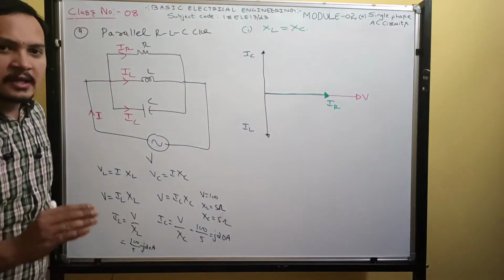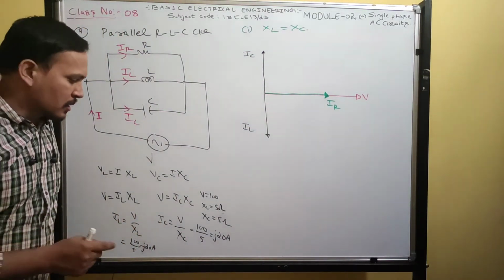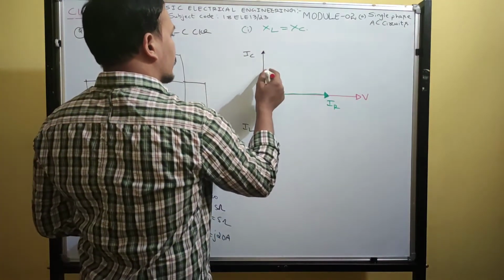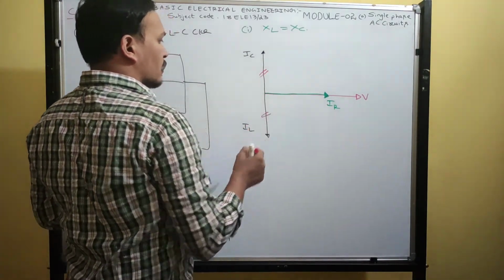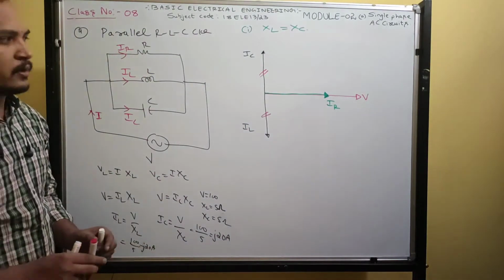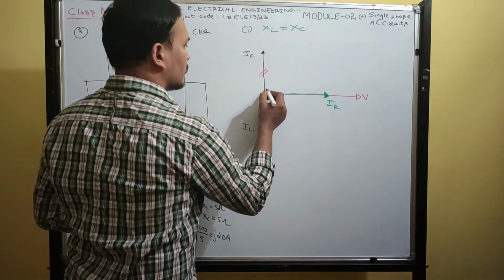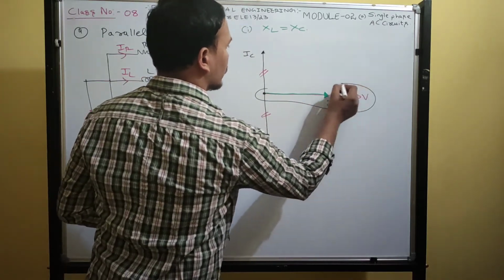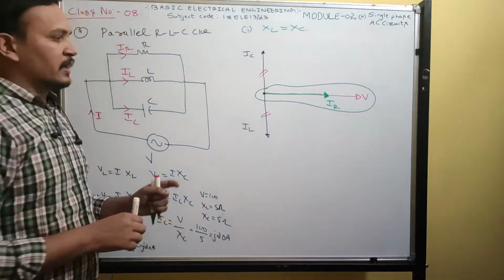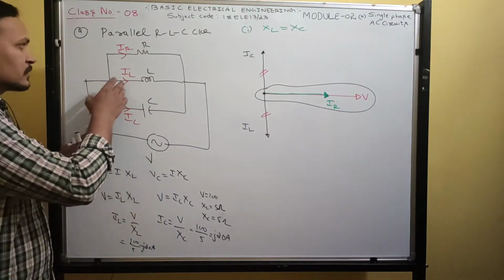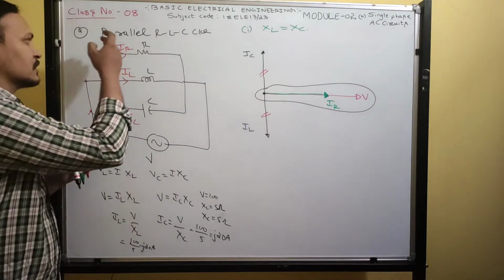The inductor current and capacitor current are equal and opposite in sign. Therefore, these two currents IC and IL get cancelled. What is left now is only IR, the supply current itself.